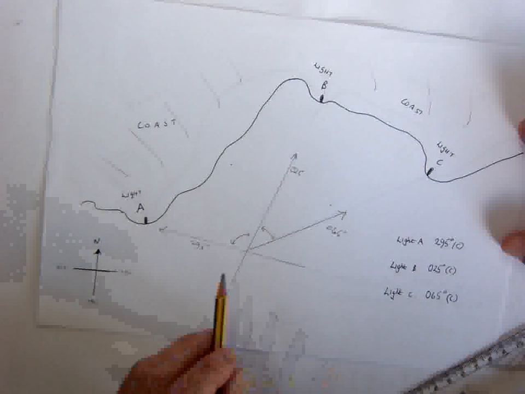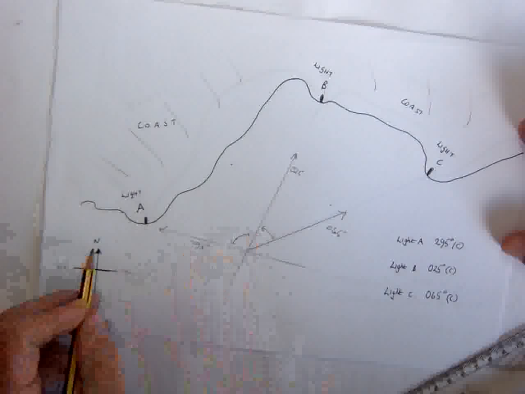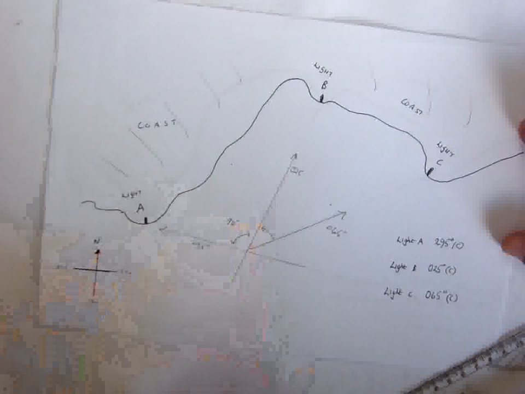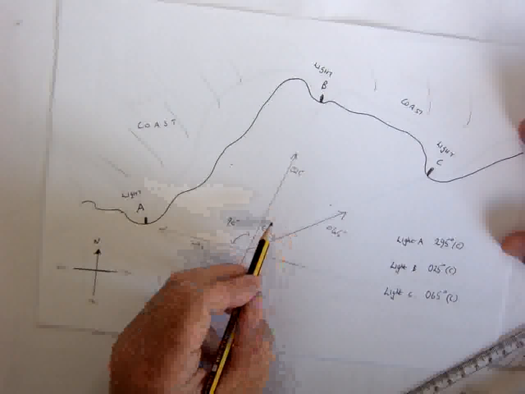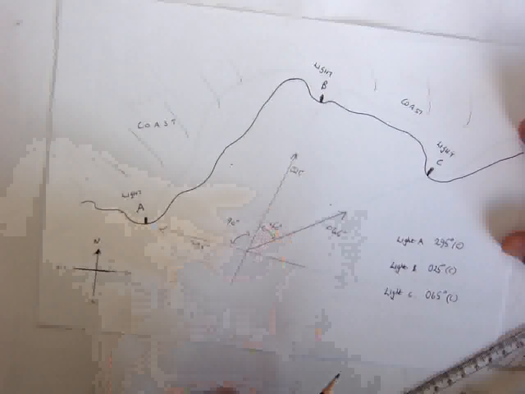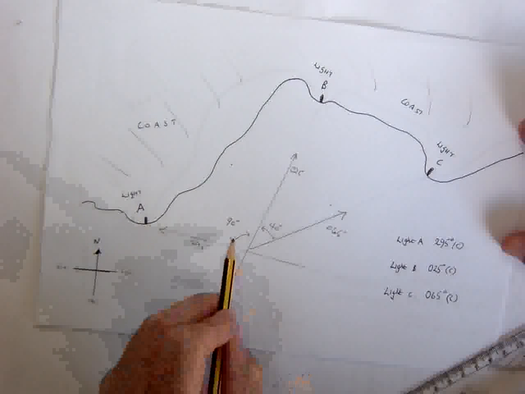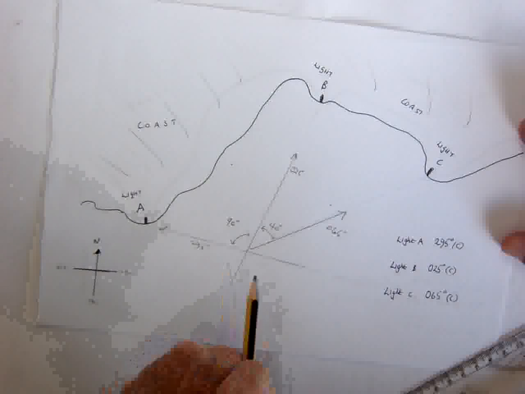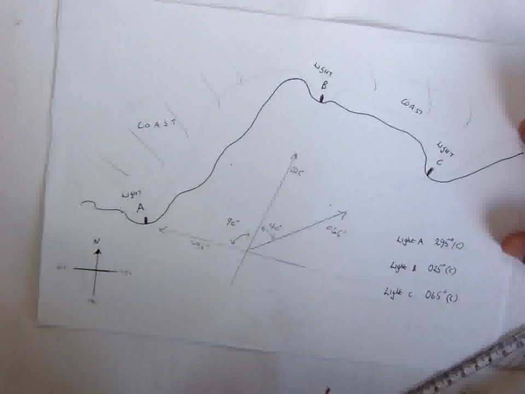So if we were to calculate those, 295 to 025, that's 295 to 360, 65 plus 25. This angle here is going to be 90 degrees, and from 025 to 065 is going to be 40 degrees. So we know as a fact these 2 angles of 90 degrees and 40 degrees. And it's by using these 2 angles that we look to solve this problem.